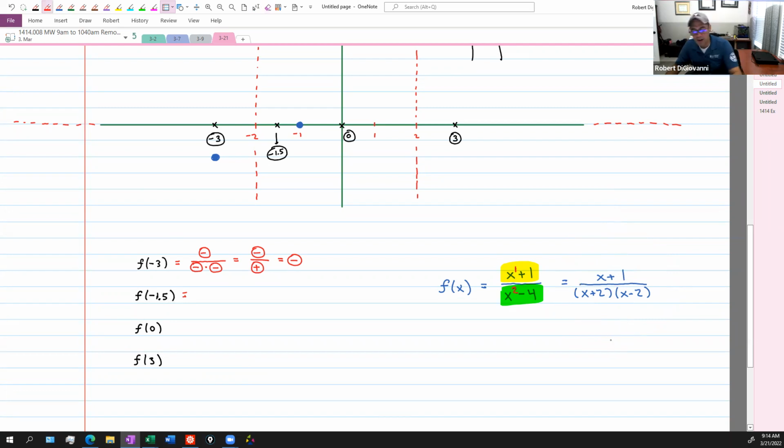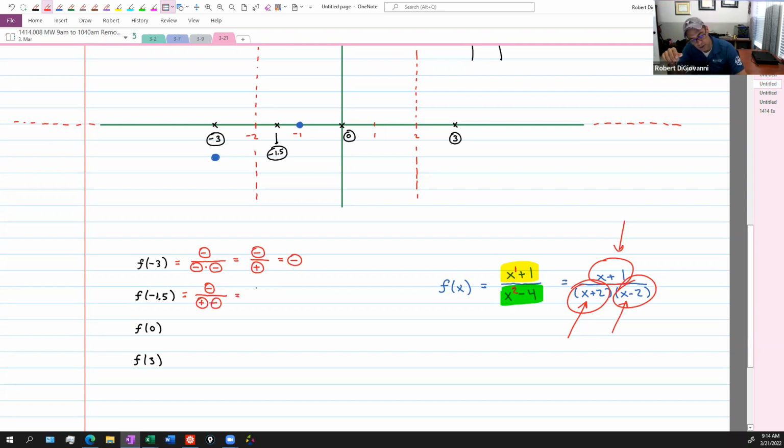If I plug in negative 1.5 into the top, negative 1.5 plus 1 would still be negative, right? And then negative 1.5 plugged in here, negative 1.5 plus 2 should give me a positive number. And then negative 1.5 into there, that should still be negative.